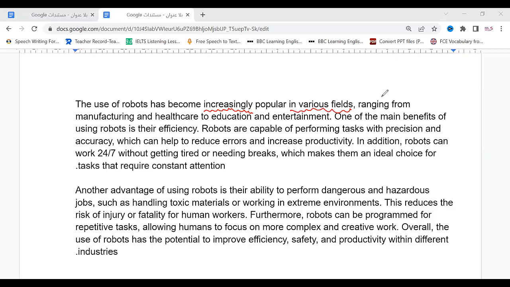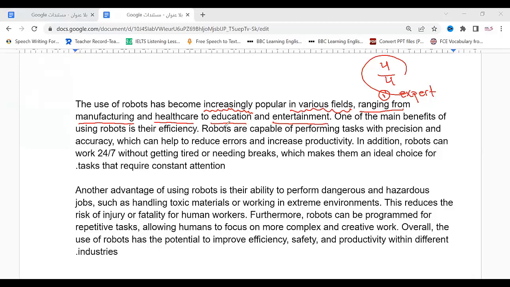Then, "ranging from." This is a good expression to use, especially when you talk about technology. The student is clearly an expert in using vocabulary, so he will receive 4 out of 4 marks. Let's see again: "ranging from manufacturing," which refers to production and factories, "healthcare and education and entertainment."